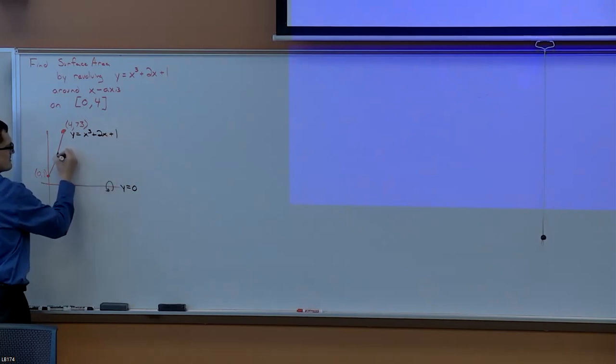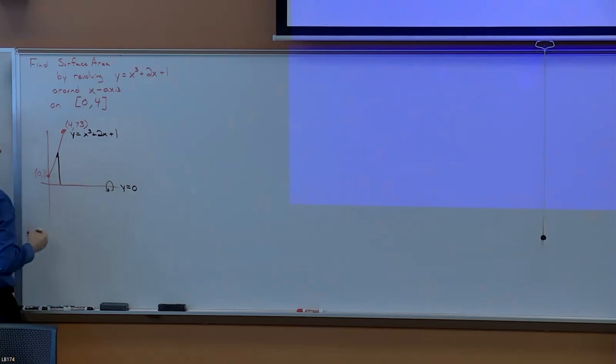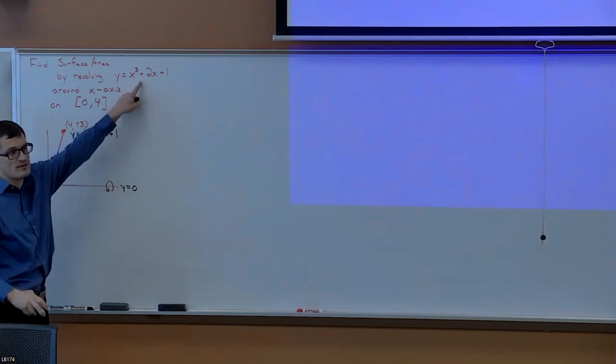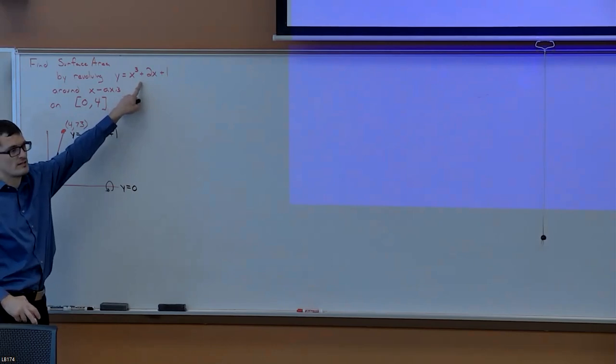If you take a little section and we go from the curve down to the x-axis, well, obviously we want to integrate with respect to x, right? Because I don't want to solve this to try to get x equals a function with respect to y.